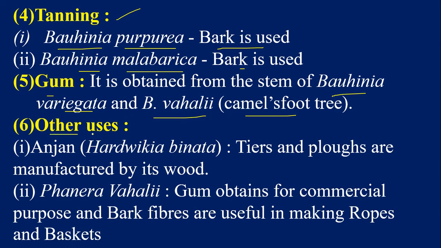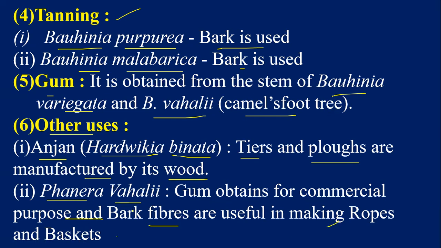Apart from that, some other benefits also we are getting from this family. The Anjan plant is commonly called Hardwickia binata. Ploughs and yokes are manufactured from its wood. These are agricultural instruments; to do agricultural practices, people are using ploughs. Then Bauhinia vahlii: gum is obtained for commercial purposes, and bark fibers are useful in making ropes and baskets.